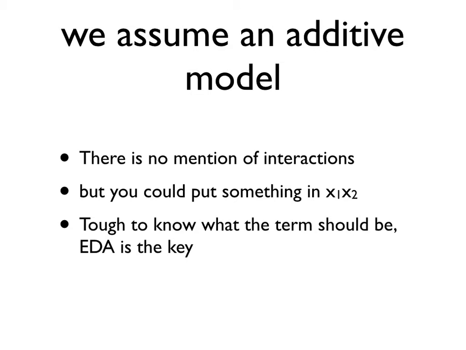Do you include all possible interactions, like x1x2, x1x3, x1x4, x1x5, x2x3, and so on? No, you probably don't. So you really have to look at prior data and also your own data, do some EDA, to figure out what you might throw in as an interaction term. You typically wouldn't do this, by the way. I'm just telling you about it because it is sometimes done. You hardly ever see this.